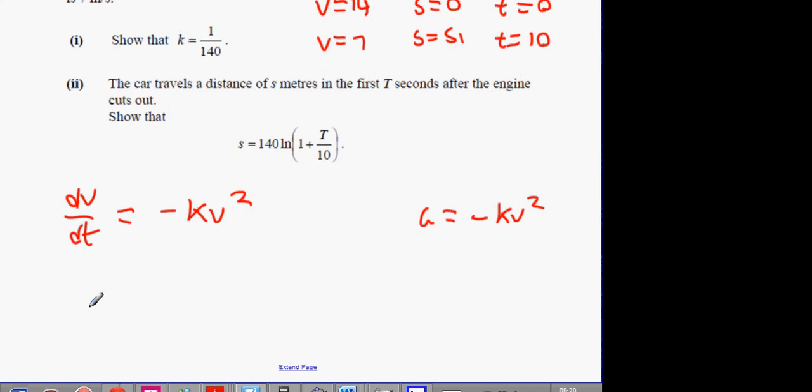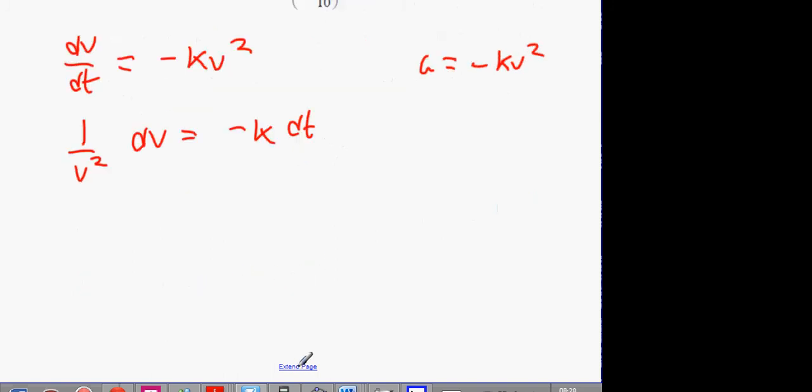Then we're going to say that 1 over v squared dv equals minus k dt. And then 1 over v to the power minus 2 dv equals minus k dt. And then we're going to integrate both sides.